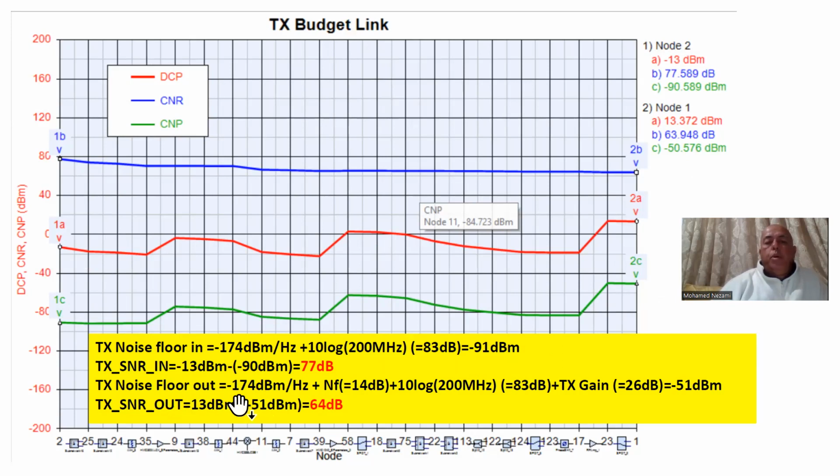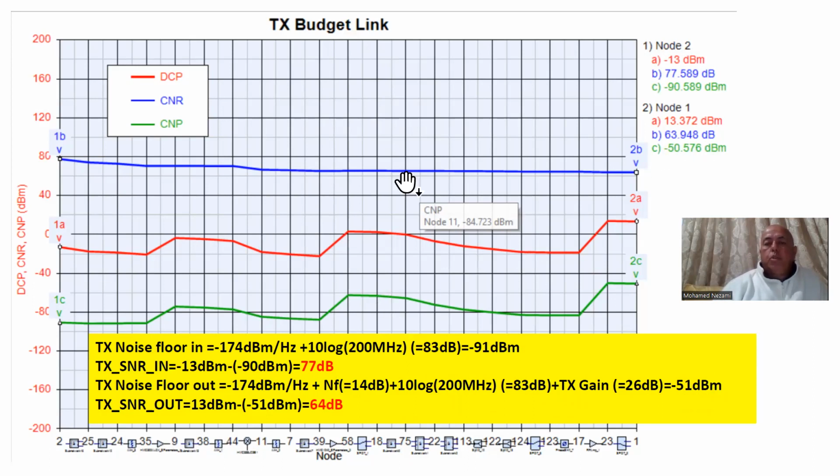The noise floor will be this power spectral density, in dBm per hertz, degraded by the noise figure of the entire system, which is 14 dB, integrated over 200 megahertz, which is our channel bandwidth. That's what we're going to run the 5G waveform at. That gives us about minus 51 dBm, and that's this number here.